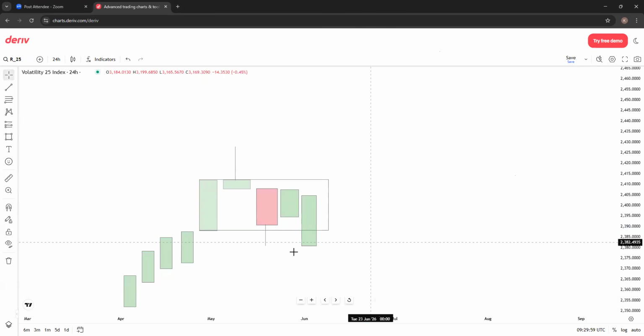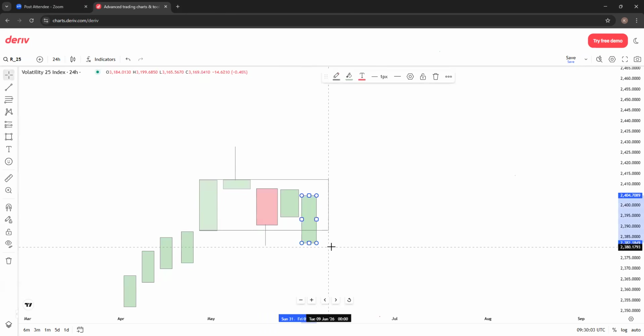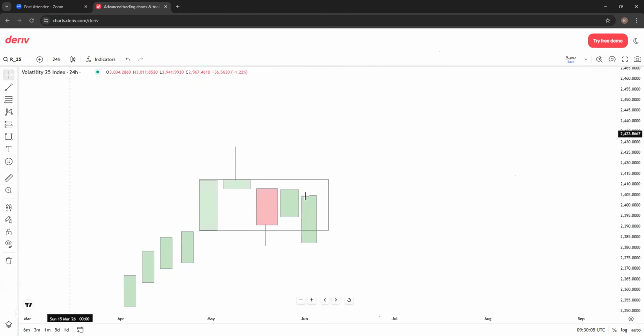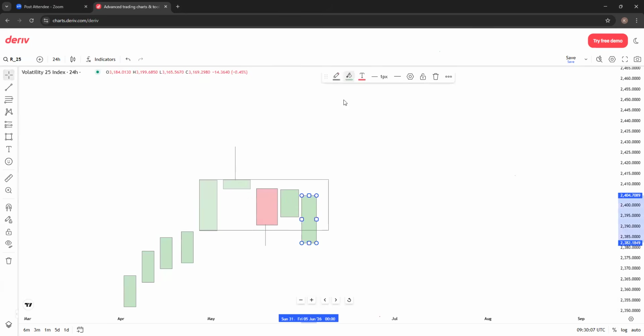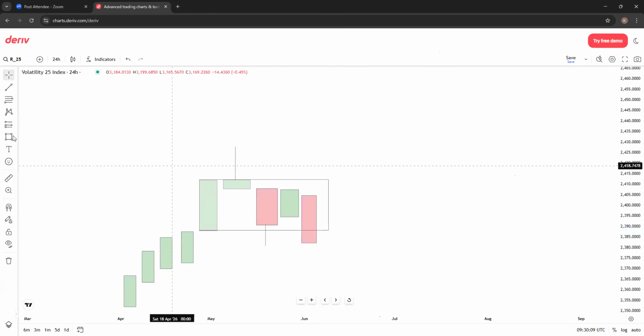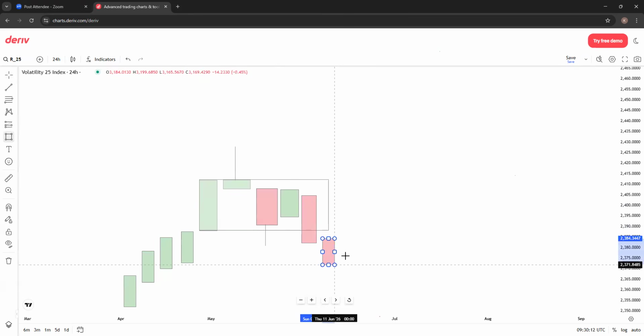What I do is, even if it breaks out of that box, I'm not going to enter straight away. I'm just looking for, okay, let me change color so that some understand. I'm waiting for another candlestick to come and break below that and accompany, as long as I have two consecutive candles. Now I know that I'm entering this morning star, or this evening star, sorry.